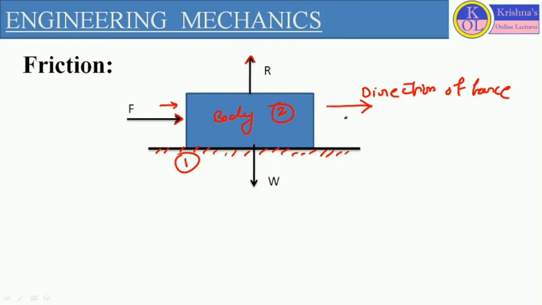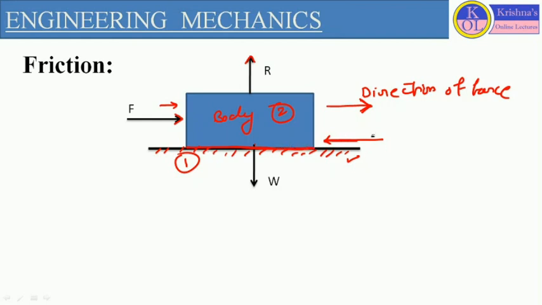So when this body is moving in this direction, or trying to move in this direction after application of external load, there is one resisting force applied over this contact surface by the stationary body, and that force will act tangentially over this contact surface.